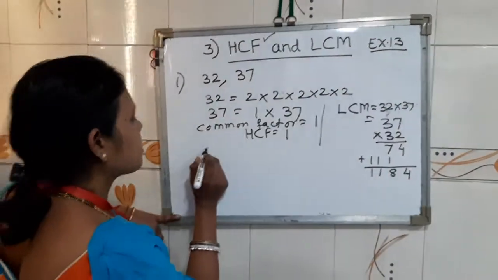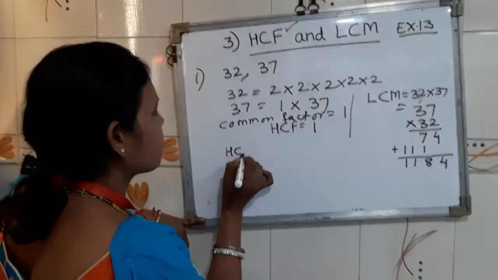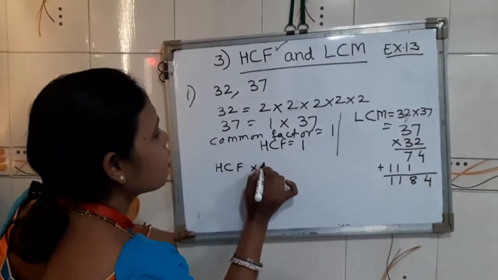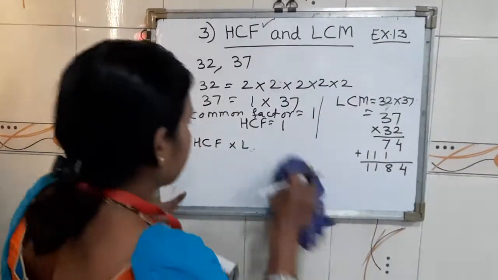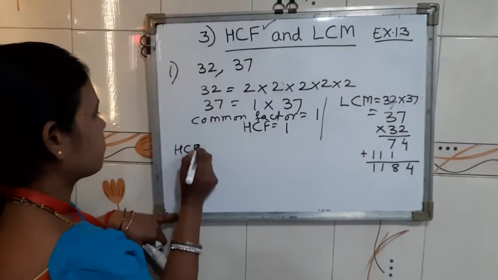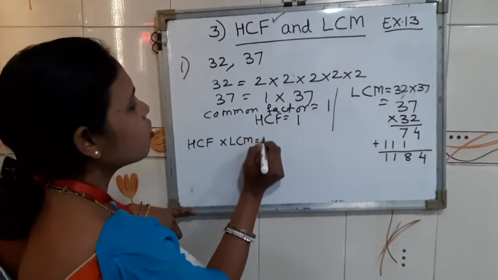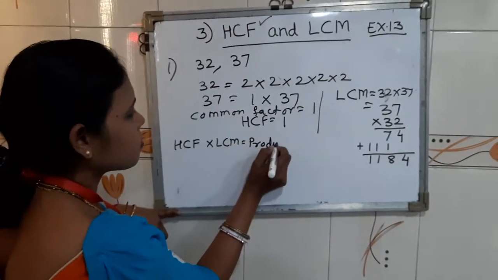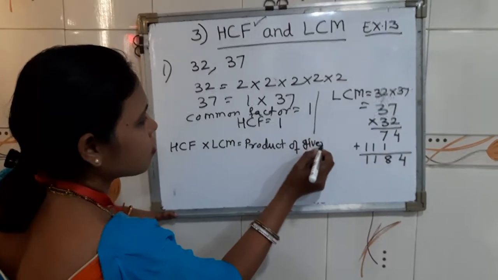So, as GCD and HCF both are the same, HCF into LCM equal to product of given numbers.